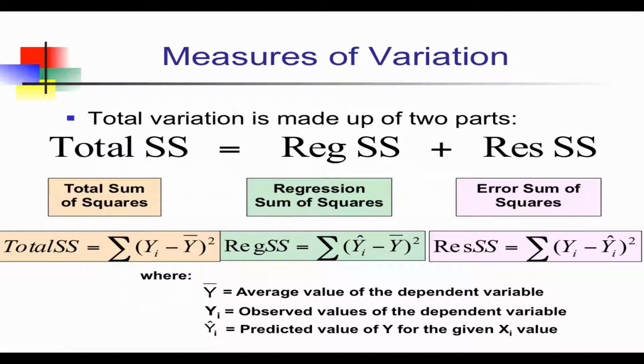Total sum of squares equals regression sum of squares plus residual sum of squares. This is on the variance level. In terms of degrees of freedom, how does that decompose? For the total sum of squares, the degrees of freedom is n minus 1, right? You have n observations and you have y bar here, so you subtract 1.